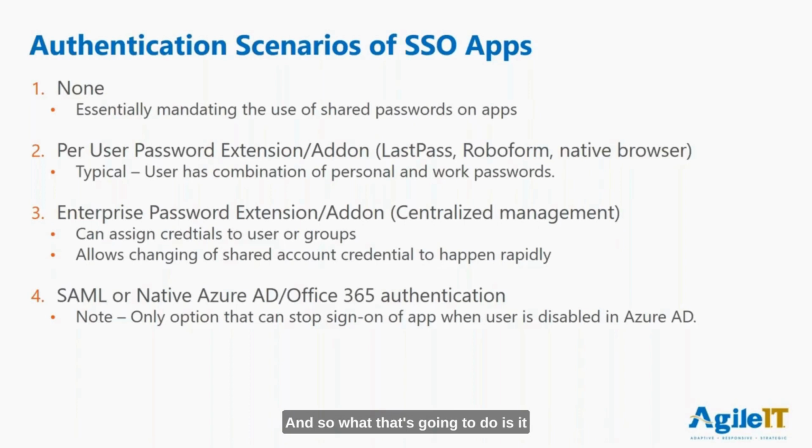And so what that's going to do is it will allow the app to then match that attribute with its own authentication scheme, and then go, okay, well, this user also has all these attributes like first name, last name, app role, and other things that are very specific to the application. And it's just using that signed, confirmed, this is my email address or ID in order to access that application.